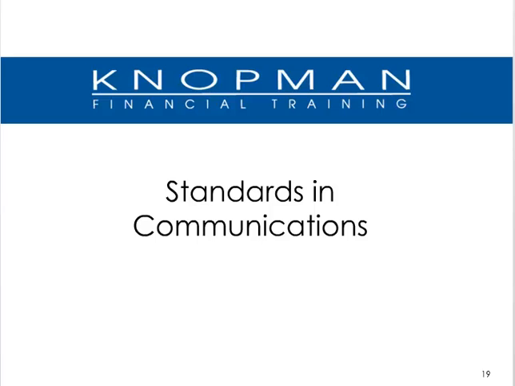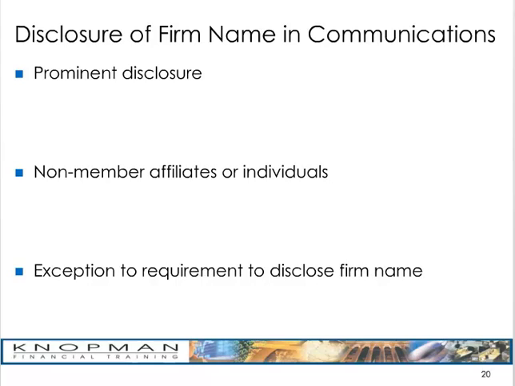FINRA Rule 2210 specifies standards that firms must follow in the nature of their communications, and we will review those now. All communications by broker-dealers, and again, retail, institutional, or correspondence, require prominent disclosure of the firm's name.